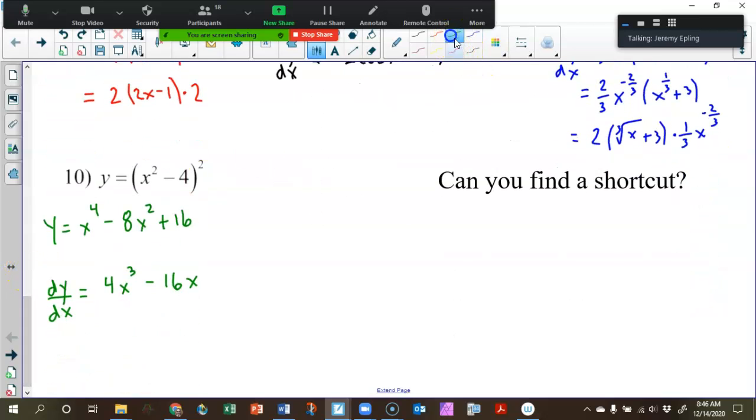And then our very last one. We've got a greatest common factor here of 4x. That leaves us with x squared minus 4. But let's write that as 2 times 2x.